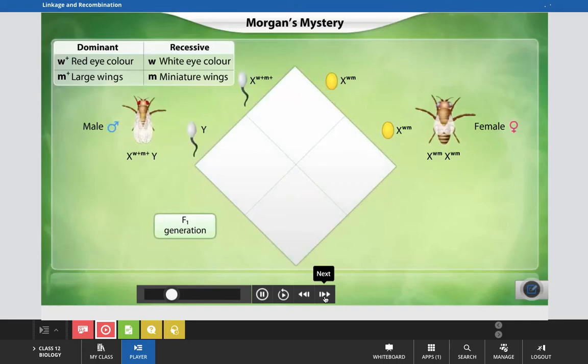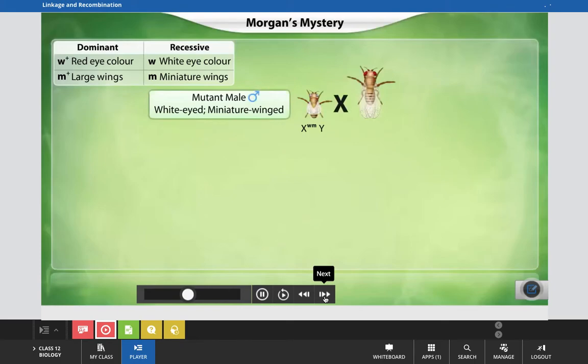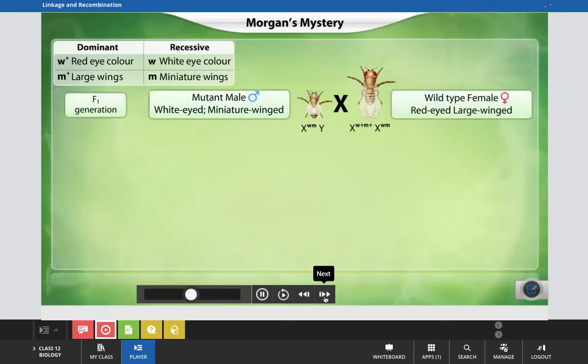But in the opposite sexes, the males were white-eyed, miniature-winged, and the females were red-eyed, large-winged, in contrast to the parents. Then Morgan hybridized the male and female flies from the F1 generation.